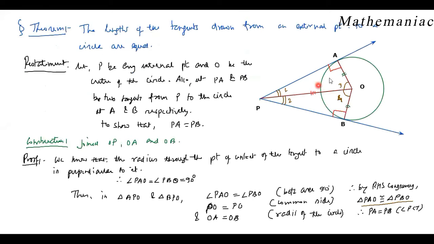Okay. Now you try to see. These two angles are 90 each. It means their sum is 180. And we know that in a quadrilateral all four angles have sum which is 360. So remaining two angles will be also having a sum 180.